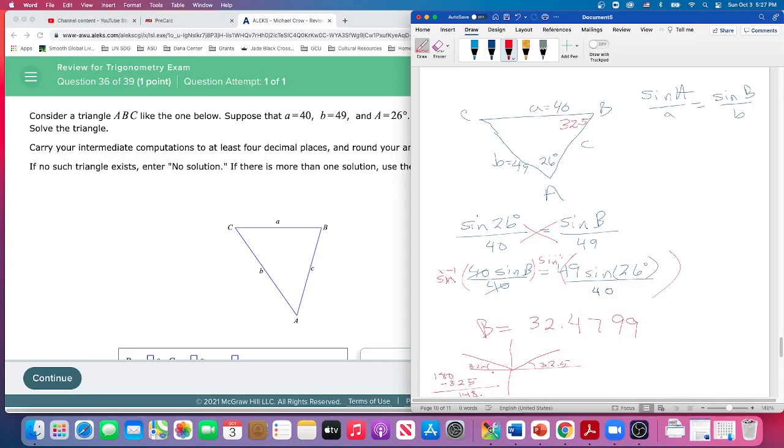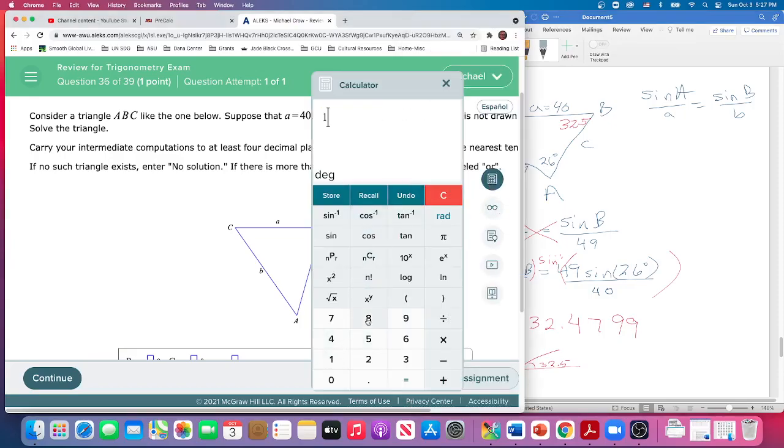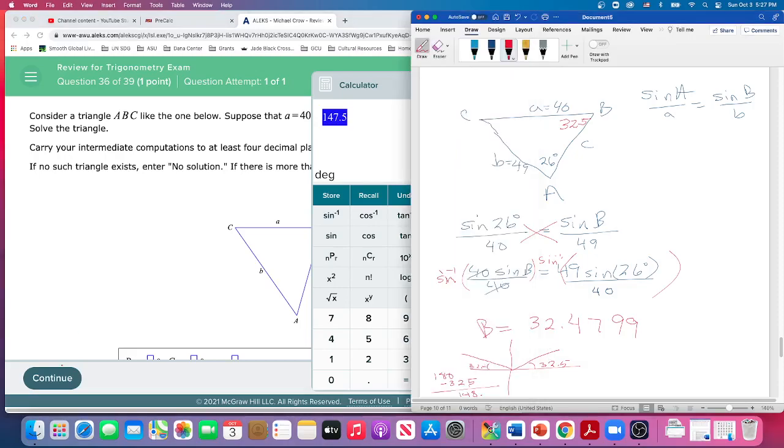Let me use the calculator on that. So what I'm doing is 180 minus 32.5, potential 147.5. Okay, so yeah, I thought it was close, but potentially 147.5.